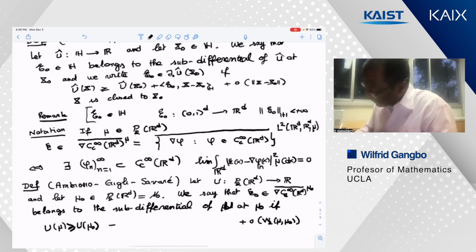But my linear term will be here, the integral over R^2d of psi naught of x, y minus x, gamma dx dy.